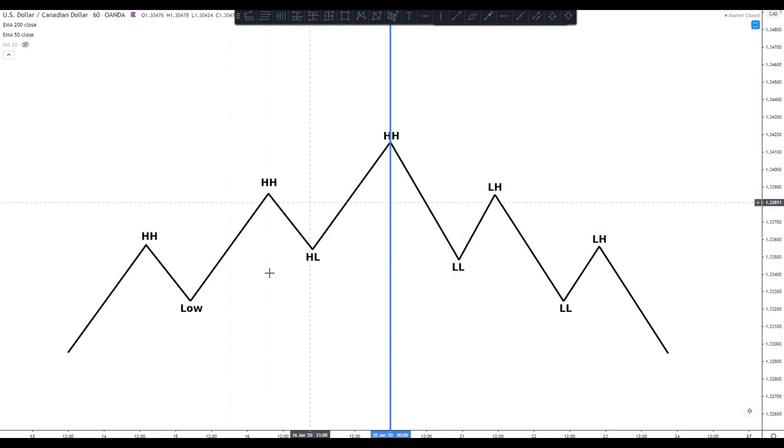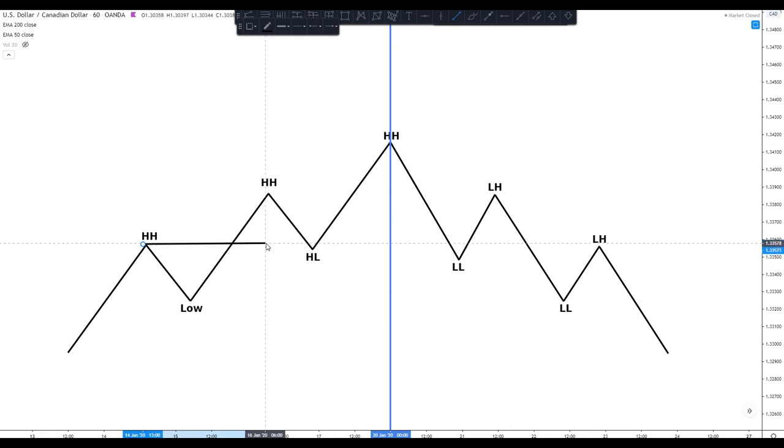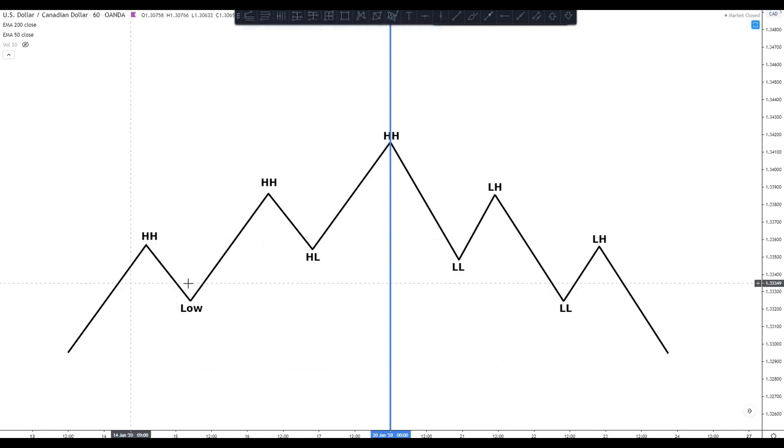So in order for price to move up, we have to be making higher lows, and we have to be breaking out into new highs, because we can't go higher without breaking older highs. As you can see right here, we have a higher high, higher low, higher high, higher low, higher high.